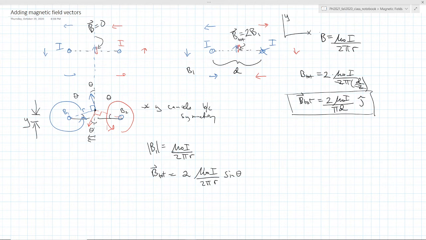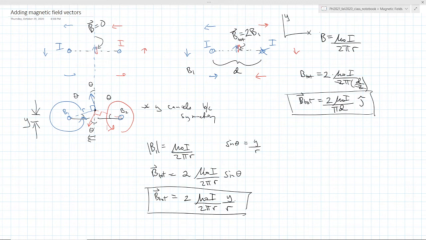And we could express this sine theta in terms of y and r, for example. So if you look at this, you can see that sine theta would also equal y over r. So we could put those ingredients together, and we would see that this was, let me write it down below, 2 times mu naught I over 2 pi r times y over r for this case.